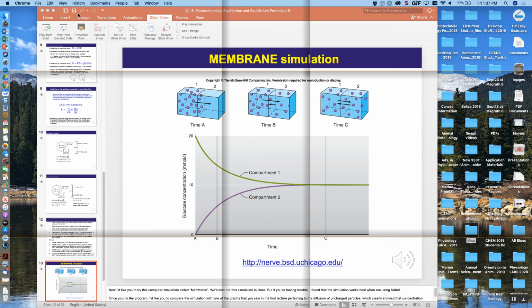But that simulation is really great to illustrate that there are not changes in concentration when you open and close this. So action potentials are only due to changes in conductance, just opening that channel and closing it. Opening, closing it. Concentrations aren't changing. It's just changes in conductance.